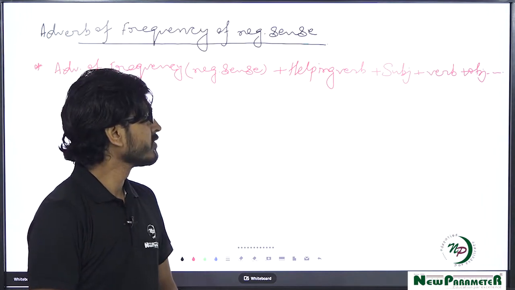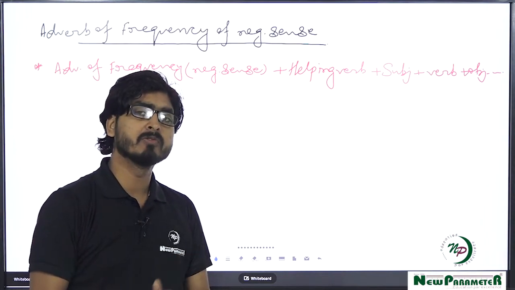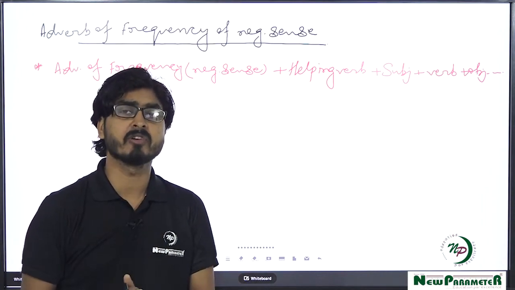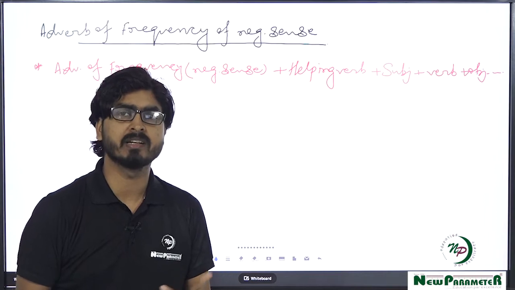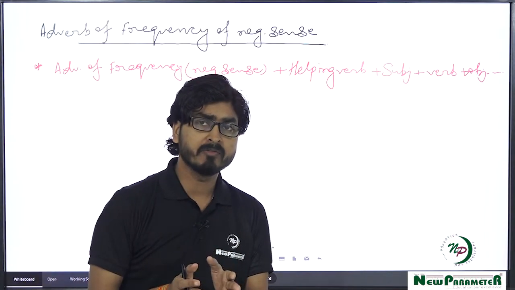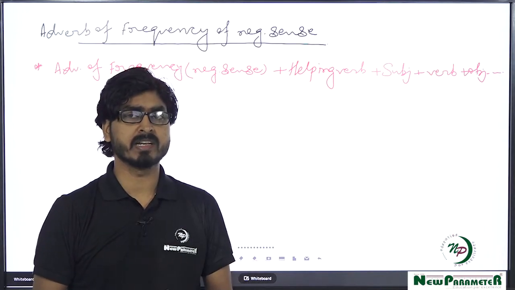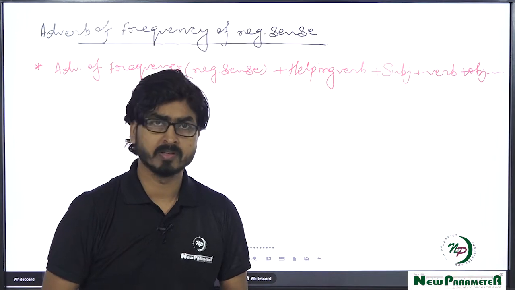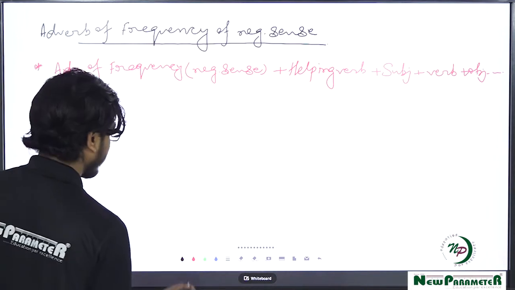Okay. So what is inversion? Whenever we use any helping verb just before a subject and the sentence remains affirmative or you can say assertive, not interrogative, this is the case of inversion. Now we'll see an example.